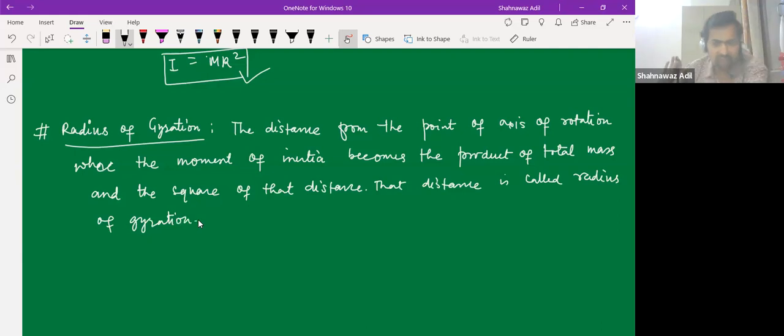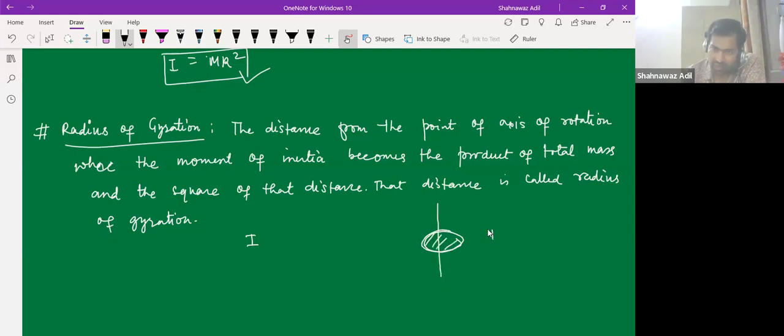So whatever inertia is given, if you want to calculate the radius of gyration of anything, so let's say you want to calculate the radius of gyration of a ring, and your axis of rotation is perpendicular to it. So you have this ring, and then you take the axis of rotation perpendicular to this plane.